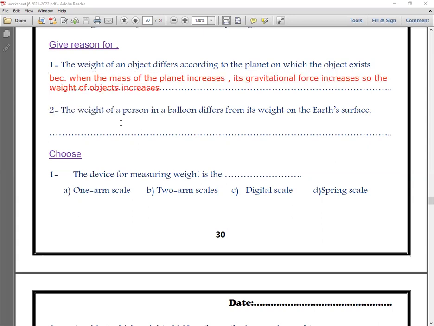Number 2, the weight of the person in a balloon differs from its weight on the Earth's surface. Why?